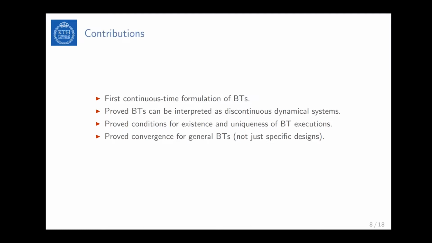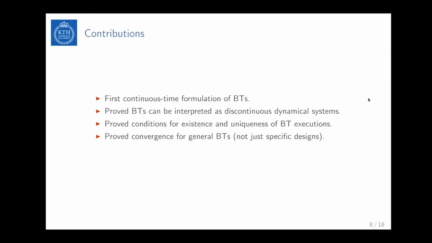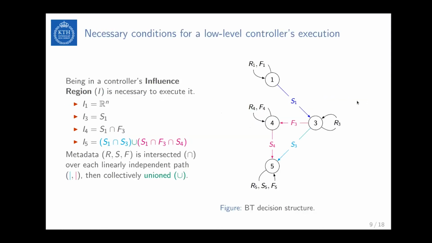We proved that a behavior tree controller with a bunch of different subcontrollers could converge to an overall goal involving multiple subgoals under certain conditions, which you can see the paper for more detail on how that works. But now I'm going to try to give you an intuitive understanding of how it works.